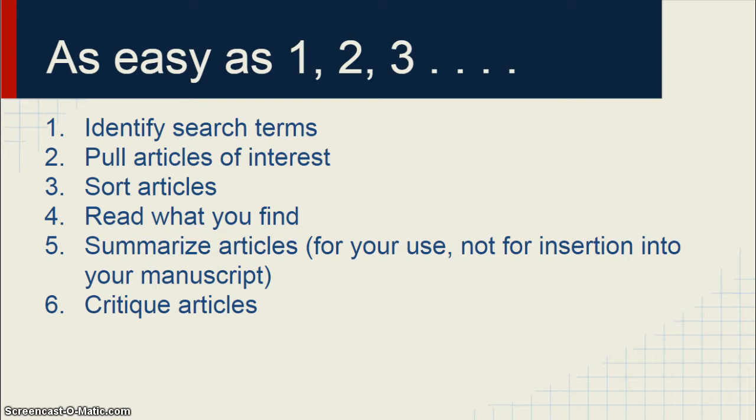Again, just because someone has published it doesn't mean it's great. And just because it's on your topic or related to your topic doesn't mean that you have to include it in your literature review. You may find something that looks like it's a great fit, but you go through and you read it and say, wow, this is not really what I need. The methodology is flawed. There are some issues with what the author has assumed.